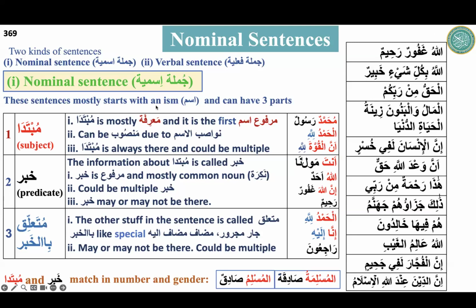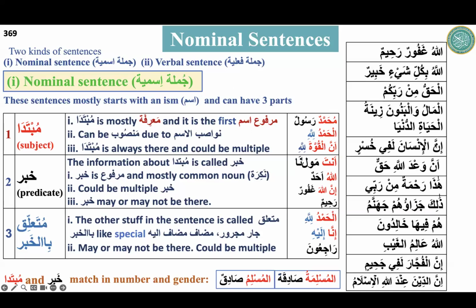Like we have here, Allahu Ghafurun Rahimun, Muhammadun Rasulun, Alhamdulillahi, Innal insana lafi khusr. So here we can say that it is insana, but we said that mubtada is in rafa status.